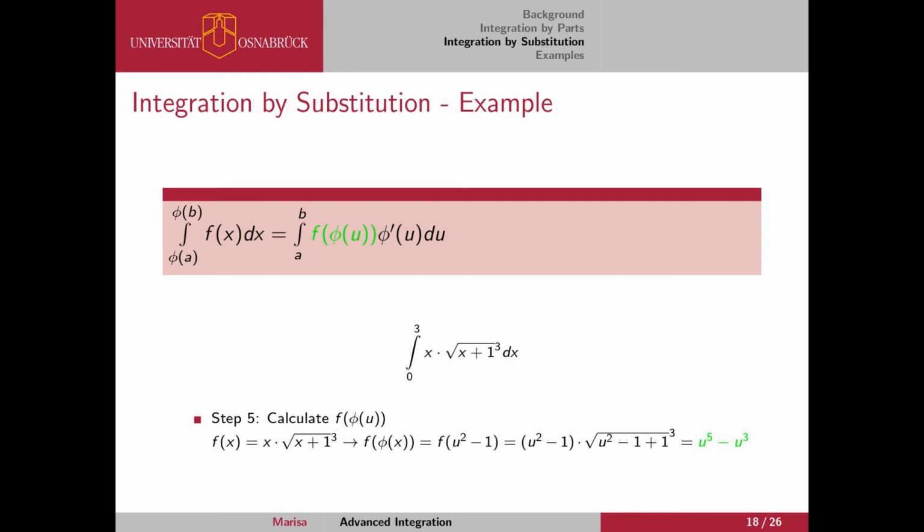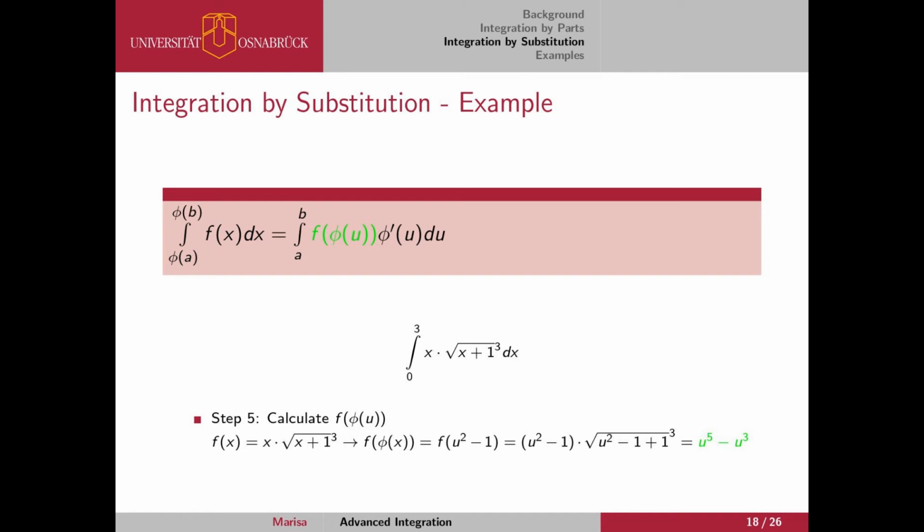Now what else do we need? Instead of an x, we have in green phi of u. So it is not f of x, but f of phi of u now. This means we need to replace each x by phi of u now. Luckily, we already calculated phi of u before. As a reminder, we came up with u squared minus 1 for phi of u.